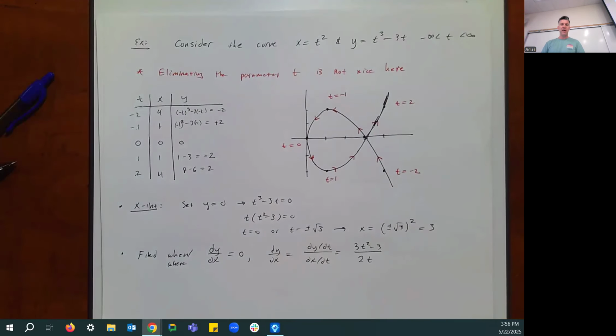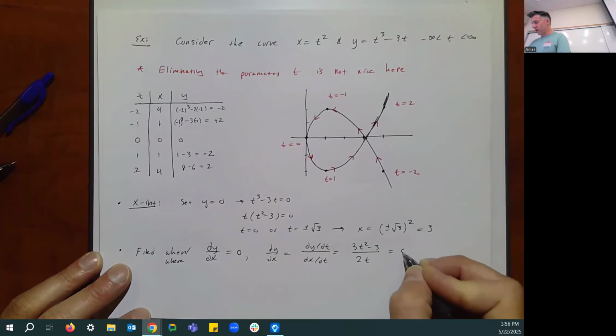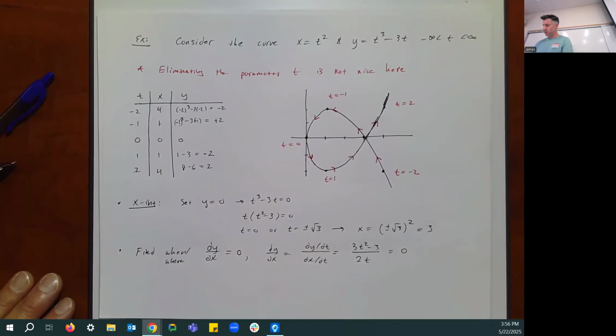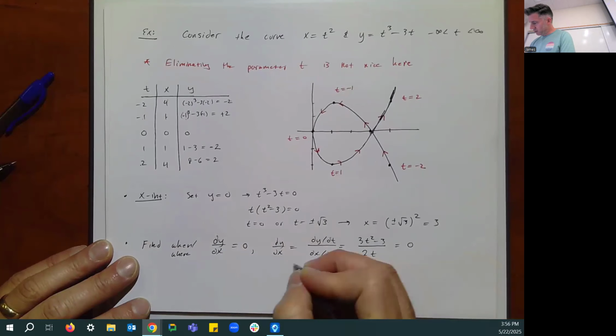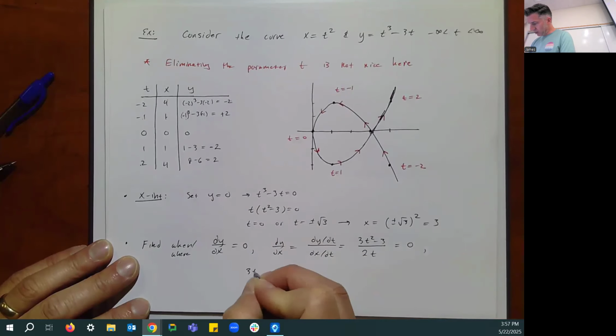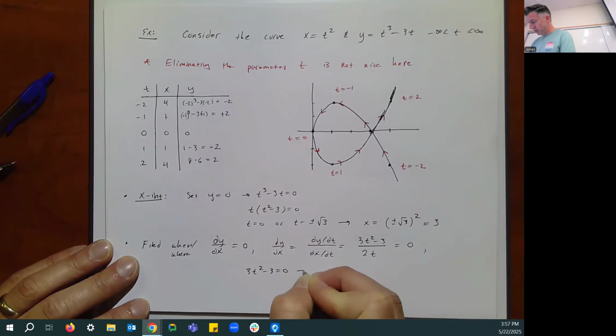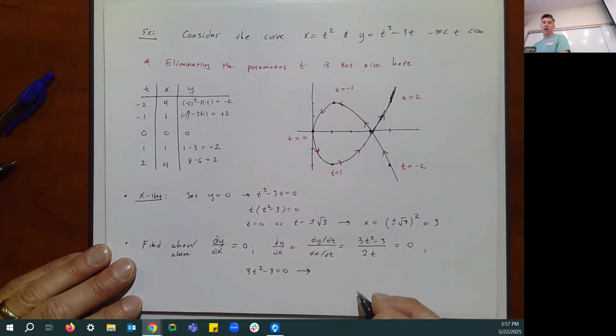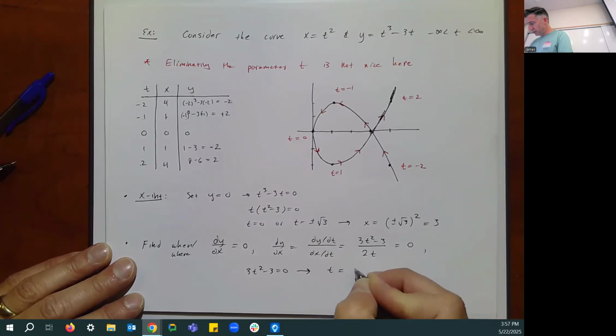Sometimes it pays to simplify this, sometimes it doesn't. So if I want this to equal 0, I just want the top to be equal to 0. So I'm going to set 3t squared minus 3 equal to 0, and I'm going to end up getting t squared equal to 1, or t equal to plus or minus 1.